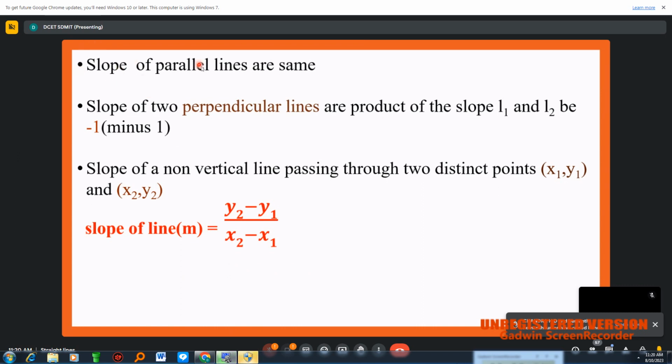Then the slope of two parallel lines is the same. The product of the slopes of two perpendicular lines should be -1. And if the line passes through two distinct points x1, y1 and x2, y2, then the slope is y2 minus y1 divided by x2 minus x1. Now using this we can see some examples.